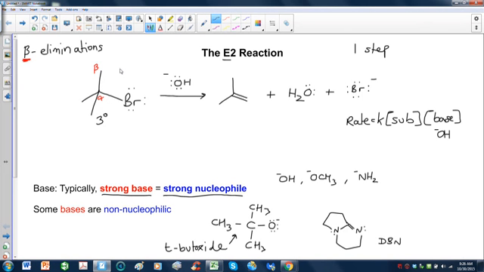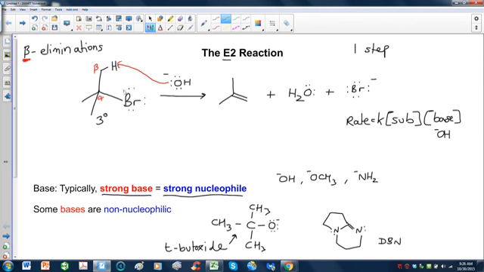And so the reason these sorts of eliminations are called beta eliminations is because to get to a product like this, you have to lose the leaving group and you have to lose a hydrogen. You can't lose them from the same carbon, otherwise you'd have a carbon with only 3 bonds to it, or 2 bonds. So what happens is the base, the OH minus here, is acting as base, and it removes the hydrogen from the beta carbon.